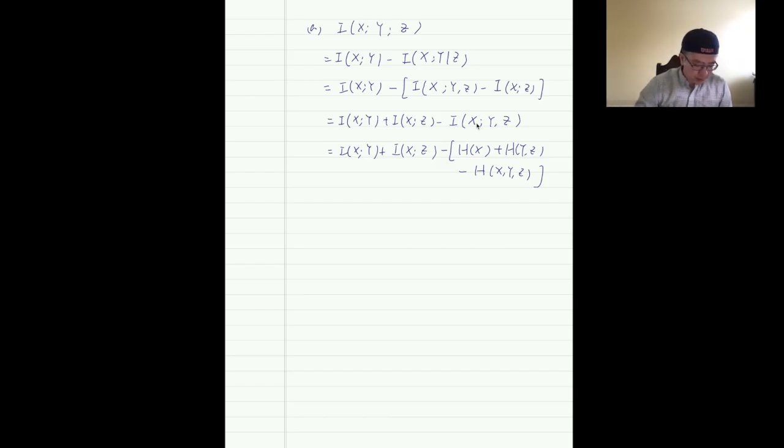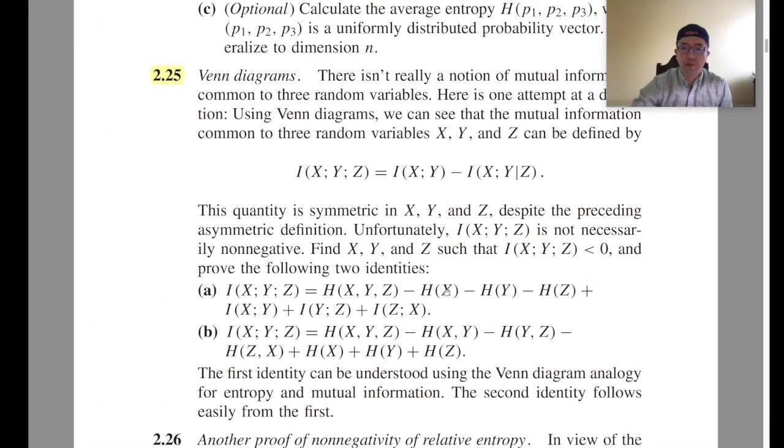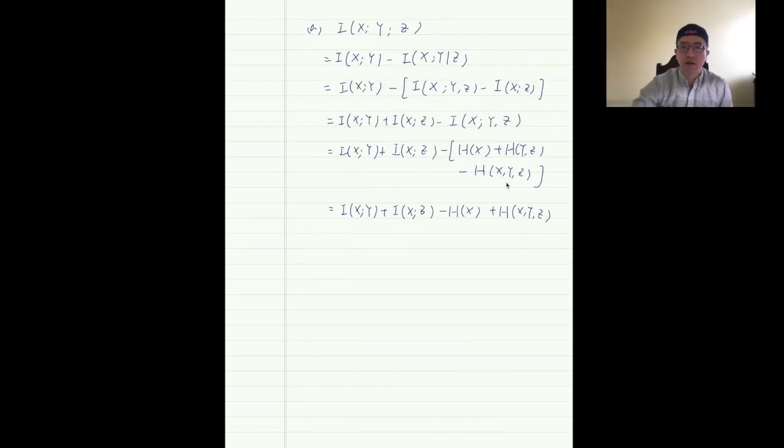Okay, and given that, let's see what we can get, right? Let's write one more step here. xz, okay, and here we have one entropy term x, and we have one entropy term x and yz. Those should be the terms that we need here, right? We need x, we need x, y, z, right? But we don't need the entropy of yz here, right?